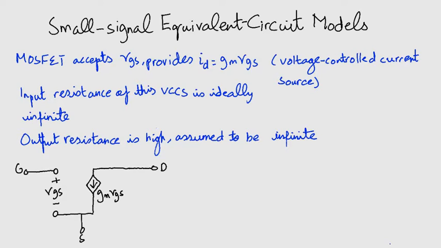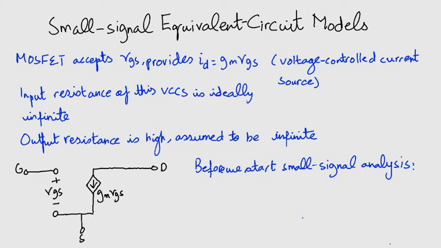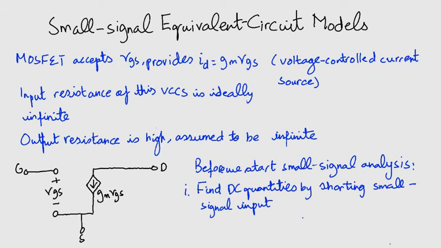And in our small signal analysis, we are going to be replacing the MOSFET by this model to aid our calculations. However, before we start our small signal analysis, some things have to be done. Firstly, find the DC quantities by shorting the small signal input.